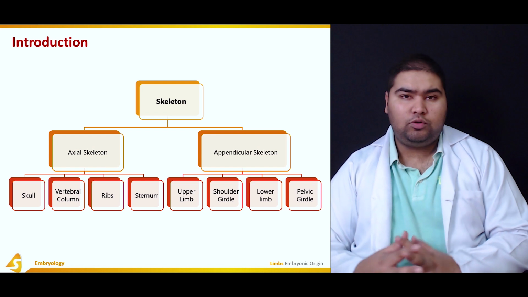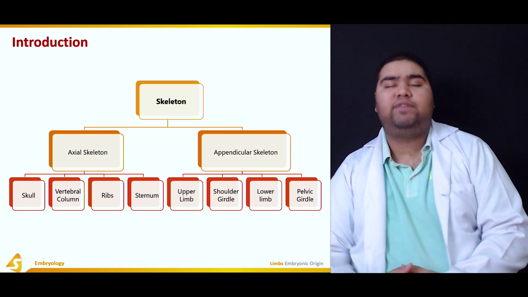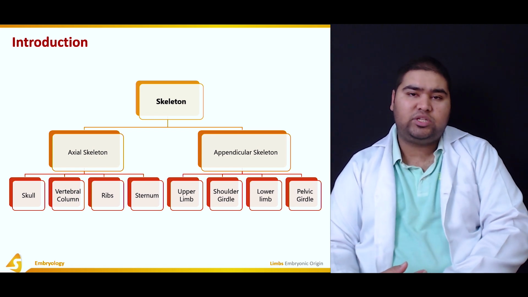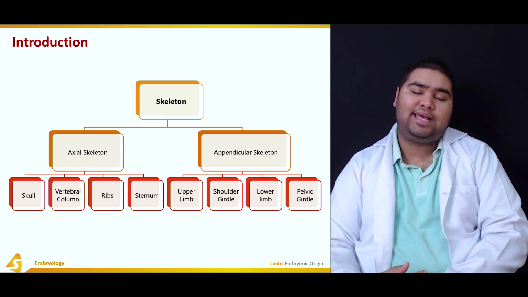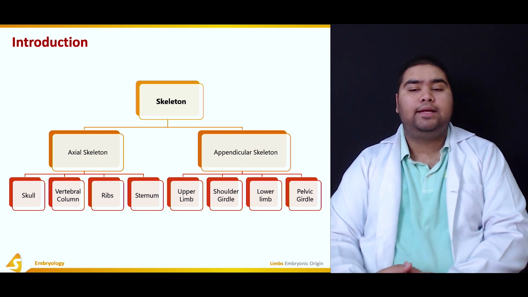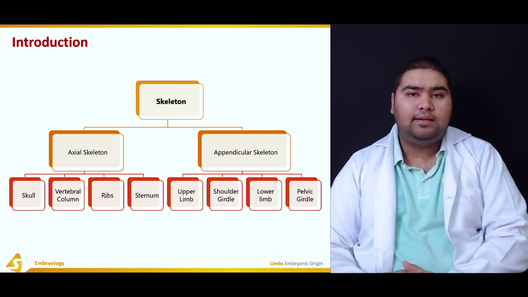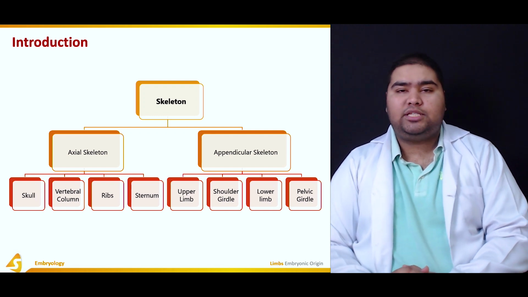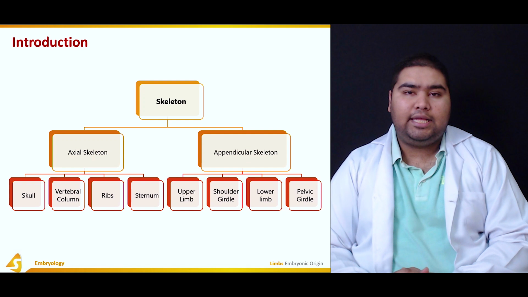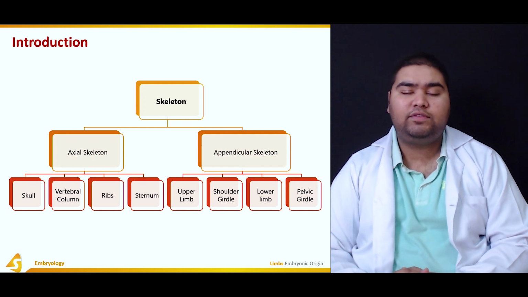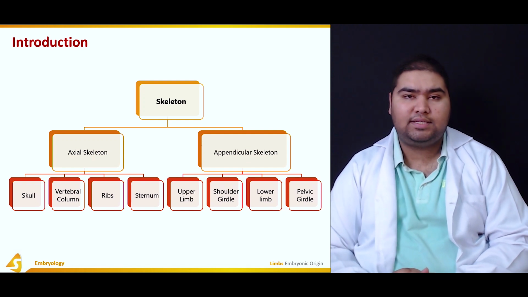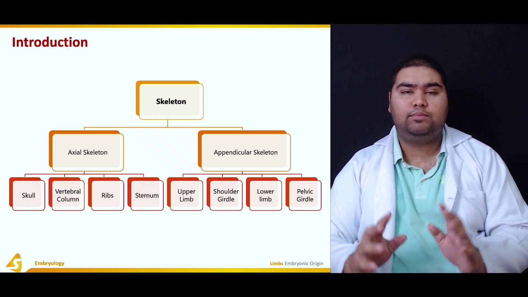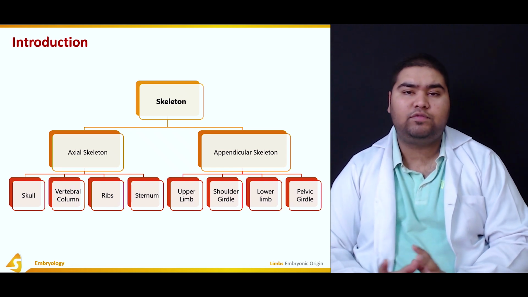So in lay terms, the skeleton can be divided into a central skeleton, which is the axial skeleton, the skeleton of the central body, and the appendicular skeleton, the skeleton of the appendages, or the skeleton of the limbs. The axial skeleton consists of bones which help in the formation of the central body.